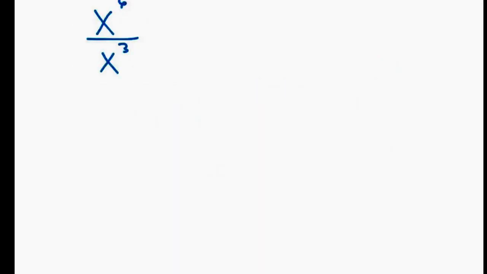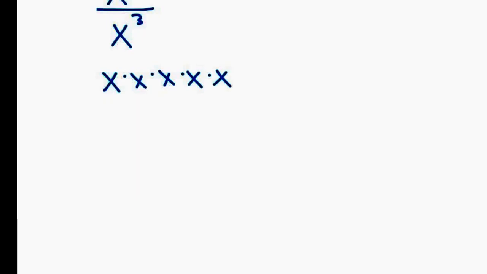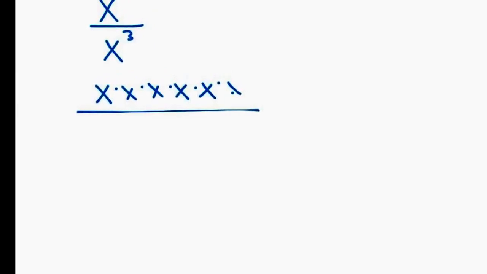Now let's talk about division of exponential terms. We talked about multiplication, now let's do some division. So, x to the 6th over x to the 3rd. That says there are 6 x's on top and 3 x's on the bottom. Well, maybe you remember from learning fractions that we could do this thing called canceling.